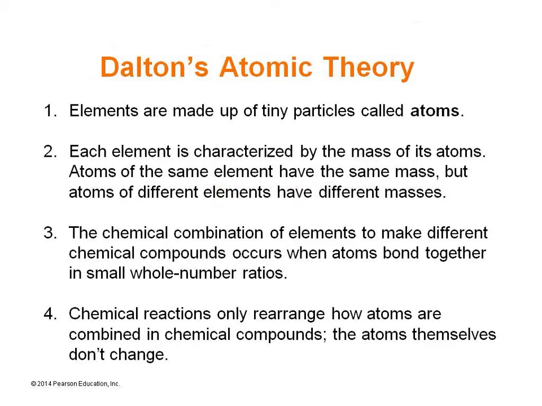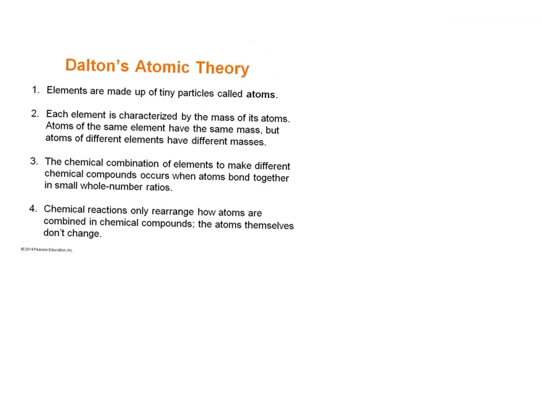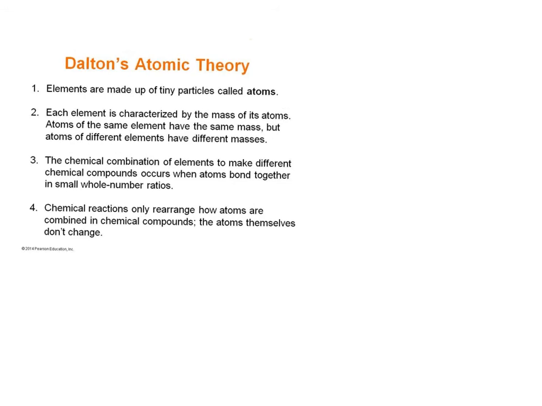Okay, and this is the first postulate where Dalton had a little bit of trouble. He kind of got this one right. He had a little bit of trouble with this one. This one, he's good on. He said that elements were characterized by their mass.